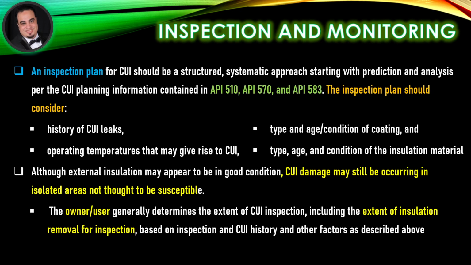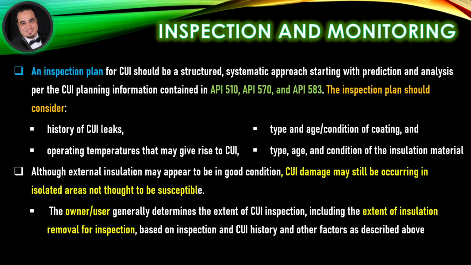Inspection and monitoring. An inspection plan for corrosion under insulation should be a structured, systematic approach starting with prediction and analysis, per the CUI planning information contained in API 510, API 570, and API 583.